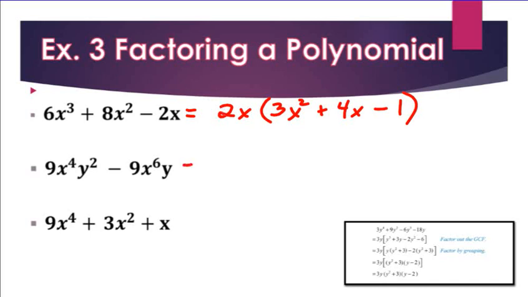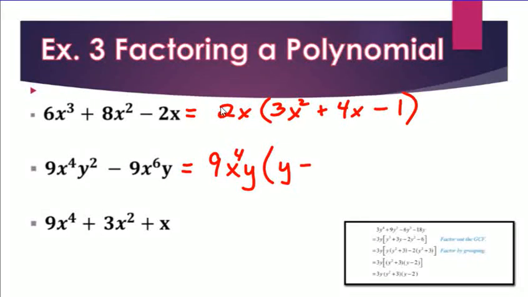Next one, the greatest common factor of 9 and 9 is 9. The greatest common factor of x to the 4th and x to the 6th is x to the 4th. And the most y's is y. 9 divided by 9 is 1. X to the 4th divided by x to the 4th is 1. Y squared divided by y is y. So that's why I just have the one y, because everything else is 1s.